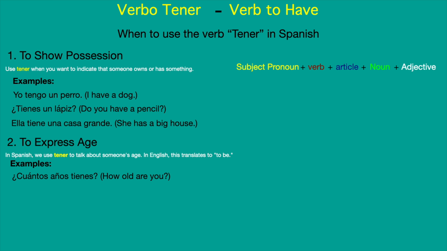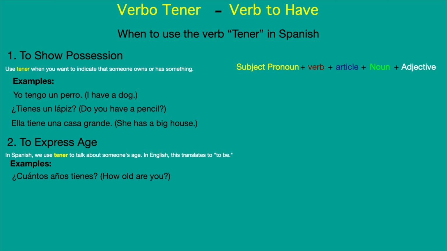Cuántos, remember in our last lesson, we studied these expressions, cuántos, which means how many. So cuántos años, if we translate it, which I don't recommend, you would say how many years you have.